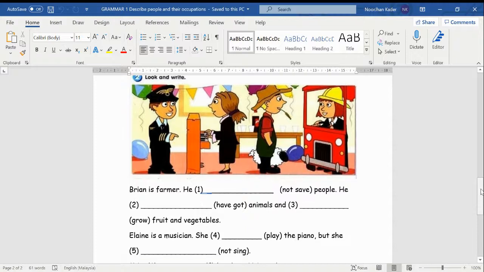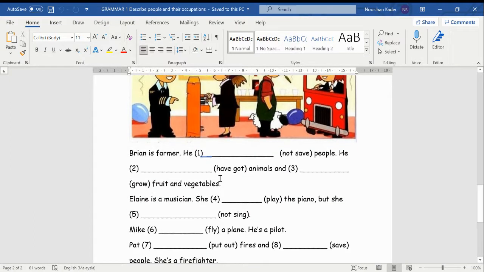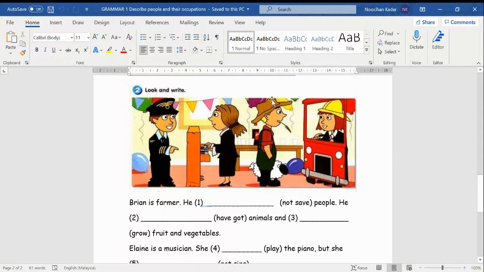So firstly, let us understand which numbers are describing which pictures. Number 1 to number 3 is describing Brian, and I think this is Brian because he looks like a farmer, chewing a strand of hay and having a sheep beside him, and he's wearing a jumpsuit.